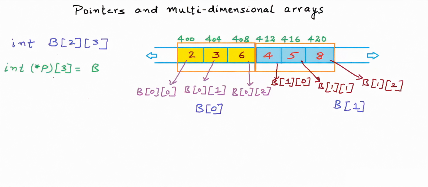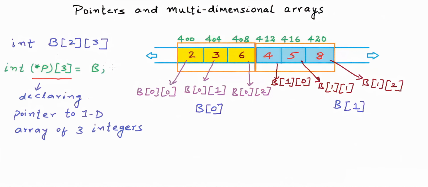In this statement I have declared a variable which is a pointer to a one-dimensional array of 3 integers, and the name of the variable is P. A statement like this is alright. A statement like this will not be alright, because B will not return a pointer to an integer. B will return a pointer to a one-dimensional array of 3 integers.